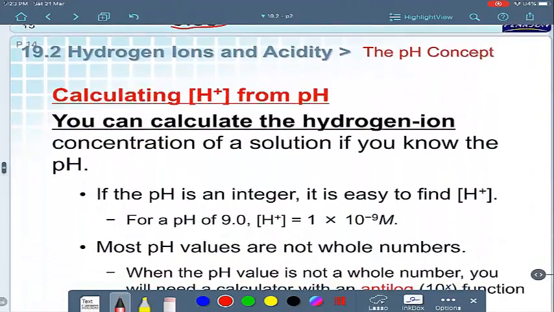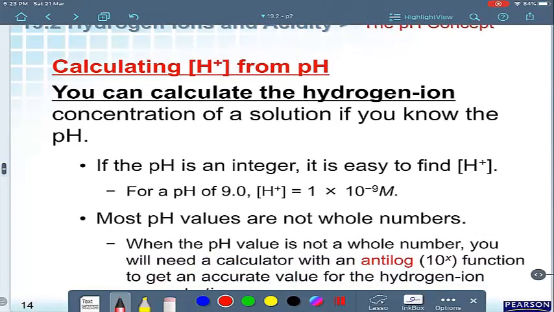How can we do the opposite? If you have pH and you need to calculate the H+ concentration, what can we do? Let's do it. If you have pH 9, for example, and you need to calculate the H+, it's easy.